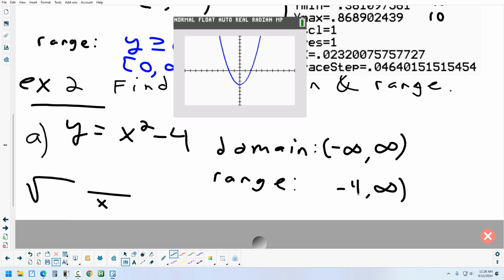Yes, it will. If you plug in 0 for x, 0 squared is 0, and 0 minus 4 is negative 4. So 0 comma negative 4 is a point on this graph. Because I hit negative 4, would I put a bracket or a parenthesis on it? Put a bracket. Yep. So that's your domain, and that's your range.